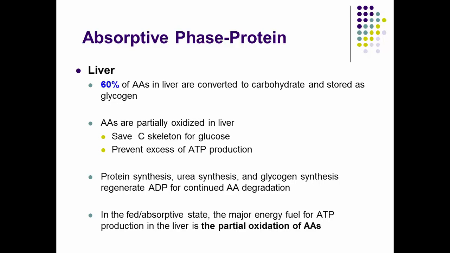And of course, remember the amino acid molecules also have a nitrogen, so the nitrogen also needs to be metabolized. Nitrogen is broken down through the synthesis of urea, which is a way to get rid of nitrogen from the body. It's the urea synthesis pathway.